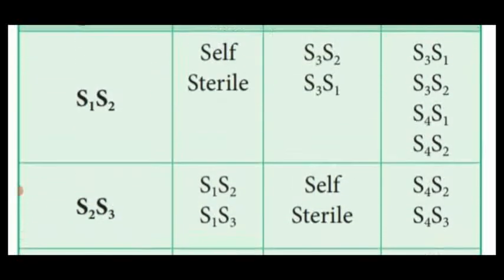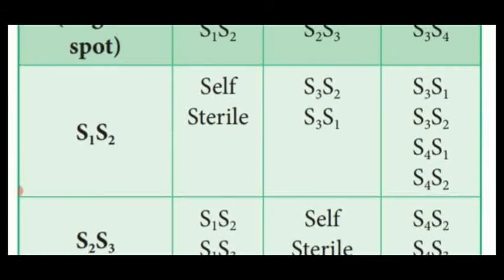So in the S2, S3, if they are common, they produce self-sterile. Likewise, S3, S4, if it is the same, they are producing self-sterile. And also, you know how to multiply the table column. See the second one, once again I am telling, S2, S3, S1 and S2. So which one is the common allele? S2. So you leave that S2 and multiply S3 with S1 and S2.